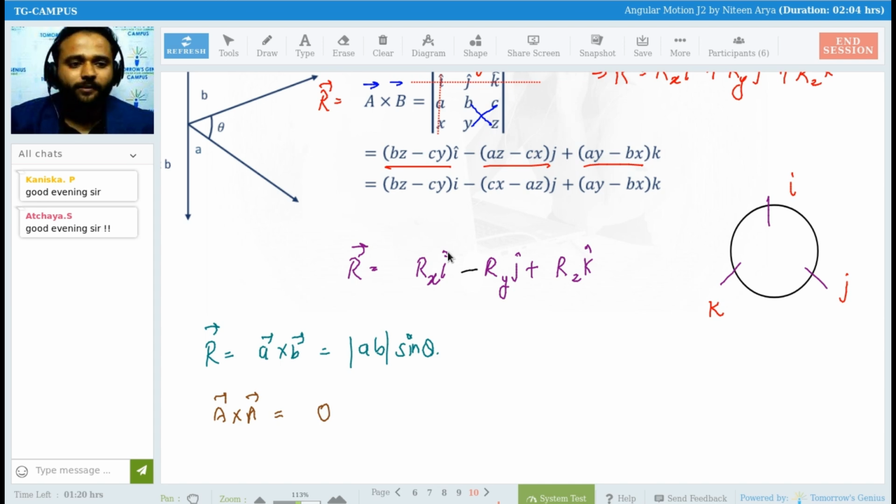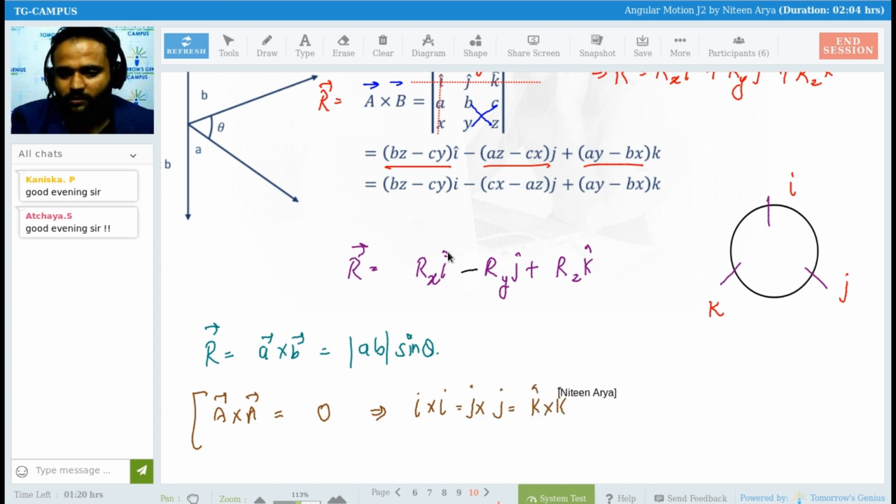Why? Because theta between them is going to be 0, and sine 0 is 0, right? Clear this thing? So using this analogy, we get i cross i, j cross j, and k cross k as 0. Simple thing, first thing.